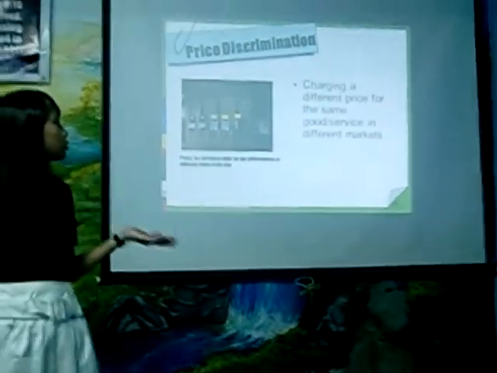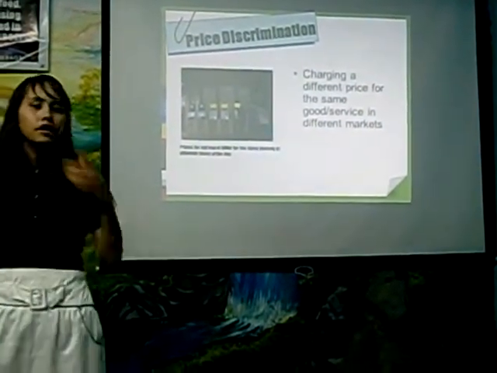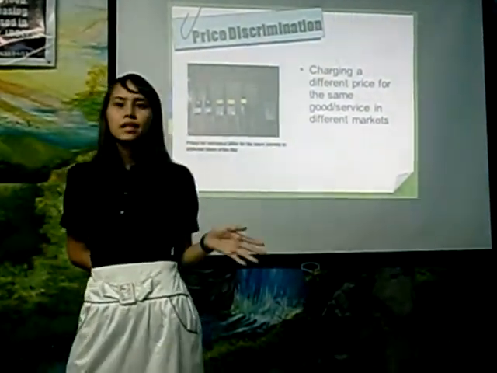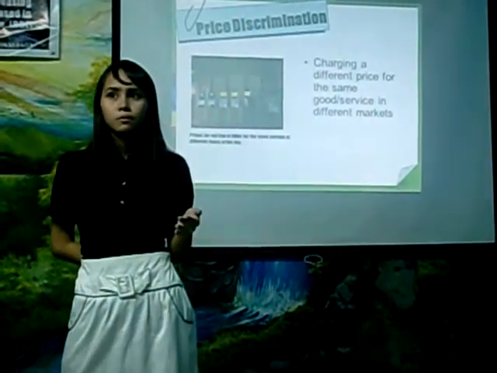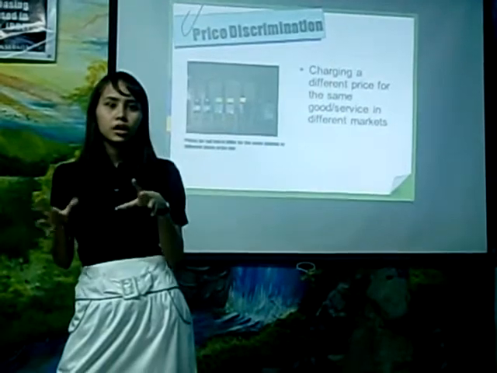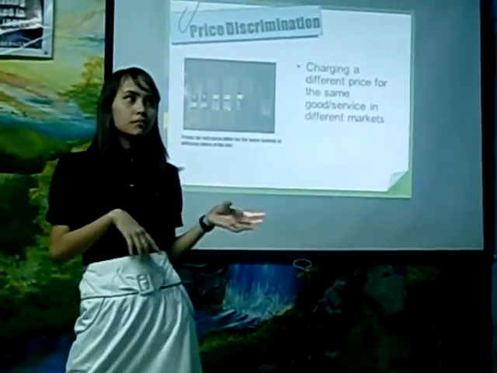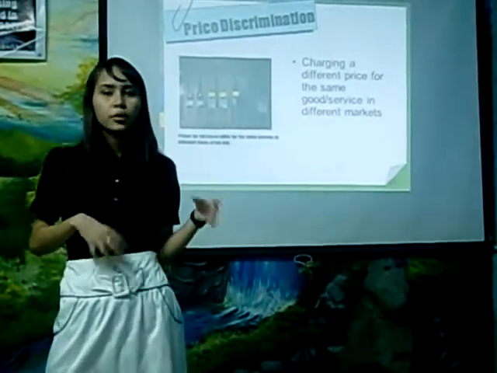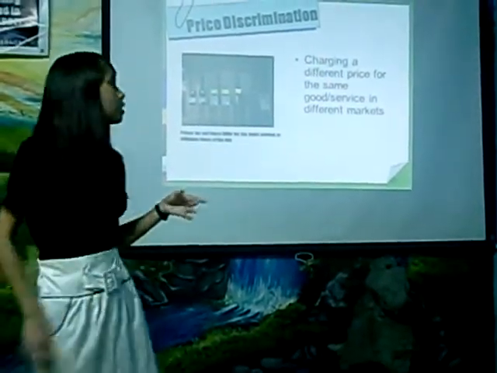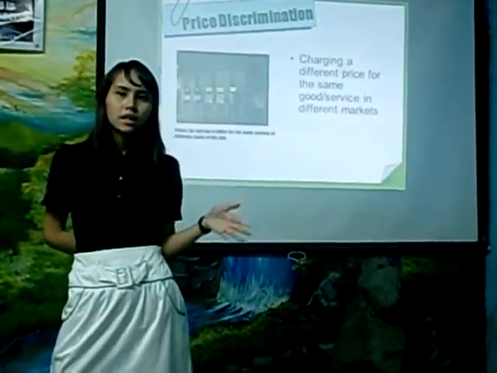Next is price discrimination. As we all know, it is charging a different price for the same service or goods in different markets. The best example I can give is when you buy shoes in the mall, and then you buy the same shoes or the same product in the wet markets or in not so expensive places.